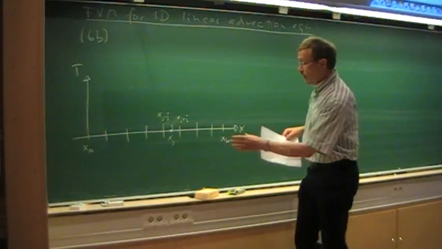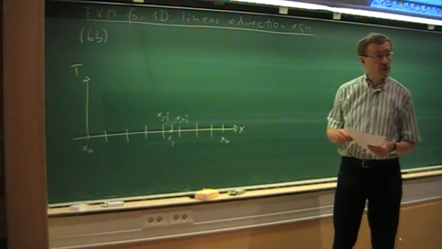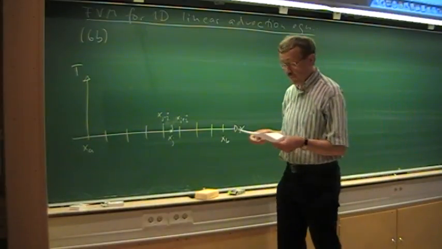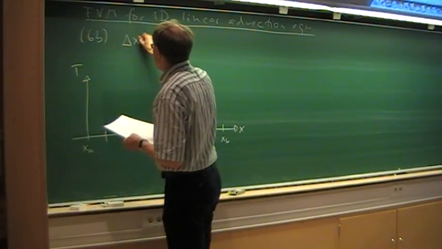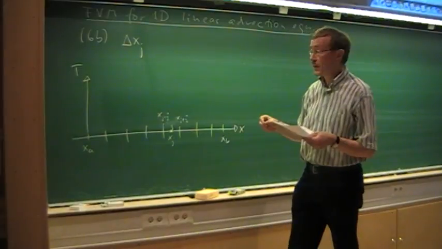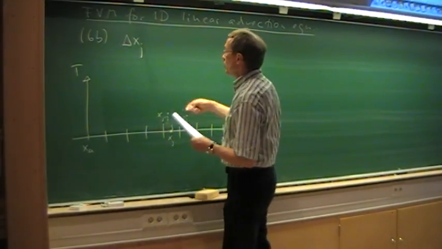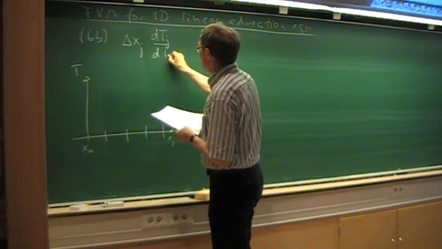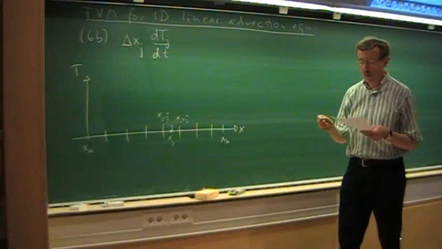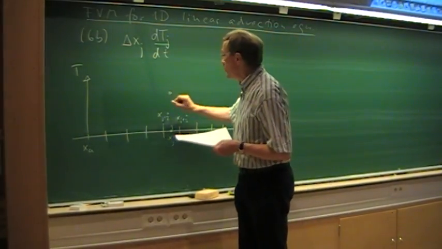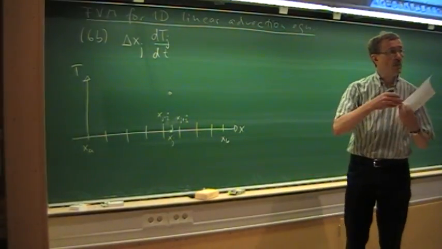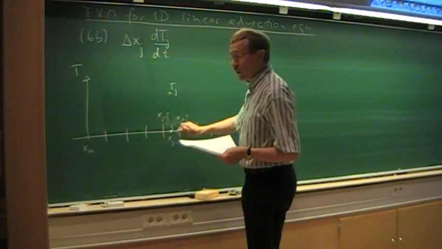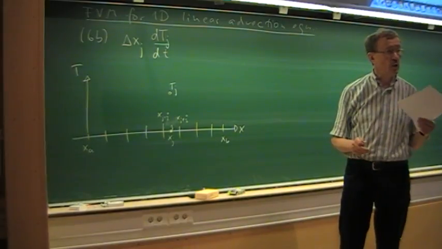The length of this control volume, which is just an interval in our case, is delta xj. So the form that we can use for the finite volume method is this length of the control volume times the time derivative of the finite volume approximation of the cell average. Remember, what we are doing here, we are computing cell averages. That is a mean value of the cell. But we locate these values at the midpoints. We can show analytically that that is correct to second order.